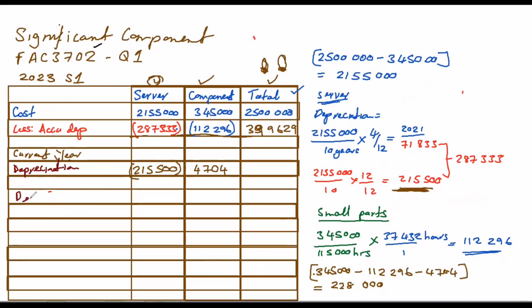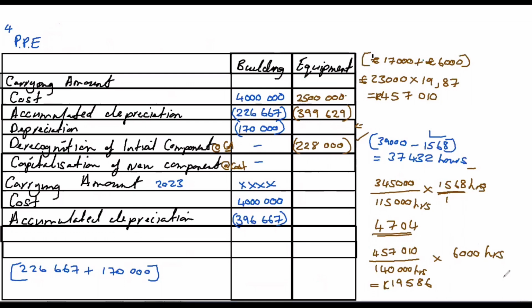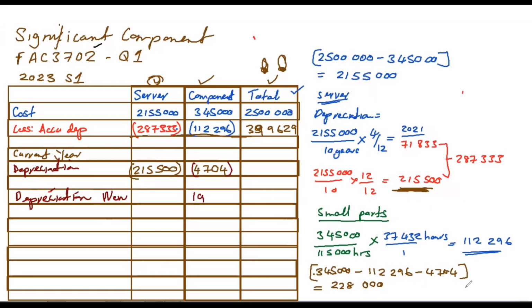Your calculation for the new one is just a calculation, all right? So the new one, we're saying it is what? 19,586. So that is the depreciation.